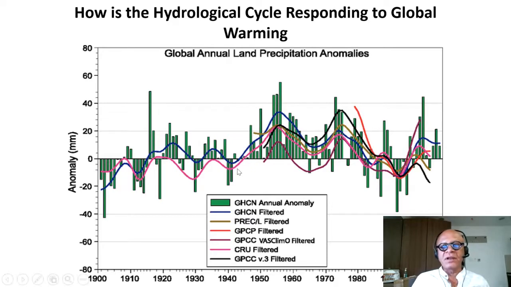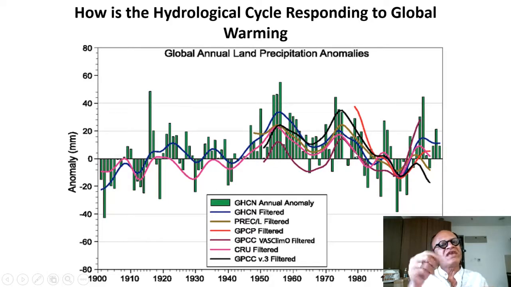Okay, but the point here is, if you look at global annual land precipitation anomalies and look at different products, they are not all consistent with each other. This one is here heavily negative, for example, while all of these are positive. And you can see the range here also going from positive to negative and so on. So even reconstructing past data is not so easy, even as recent as the 1980s and so on.